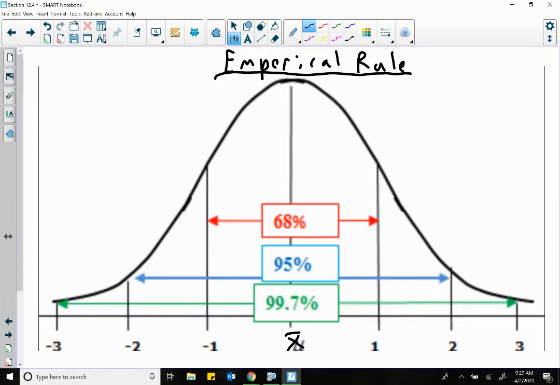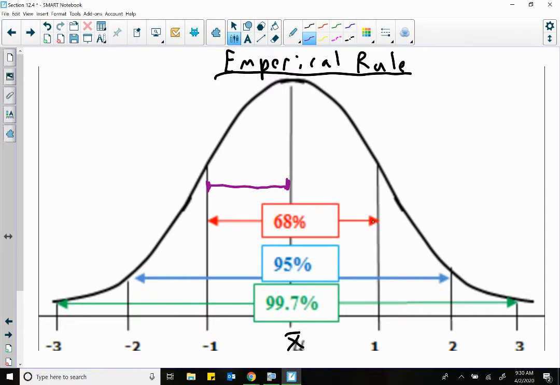Okay. I want to explore this picture first and talk about some things that you might see in here. So with this information, we can actually break down and talk about distances between here. How much of my data is between the mean and one standard deviation? Well, again, remember that this is symmetrical. So if I want to know just this piece, well, I know between these two, it's made up of 68%.